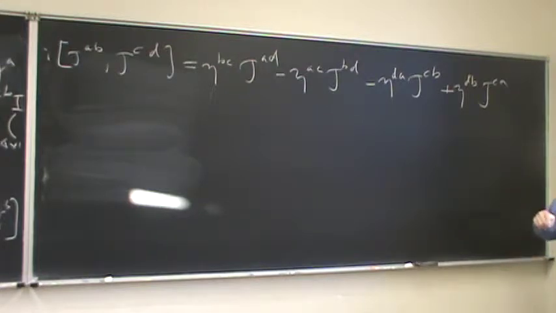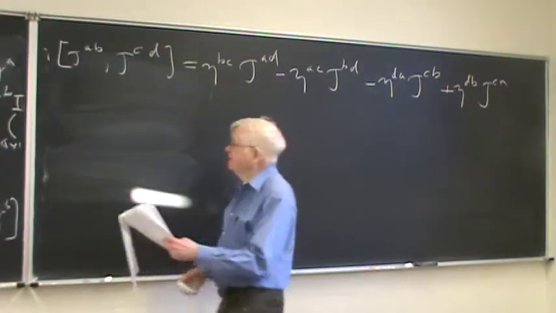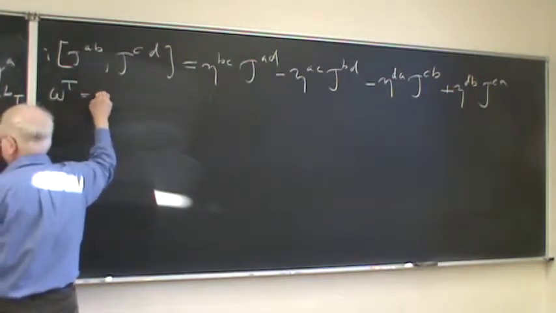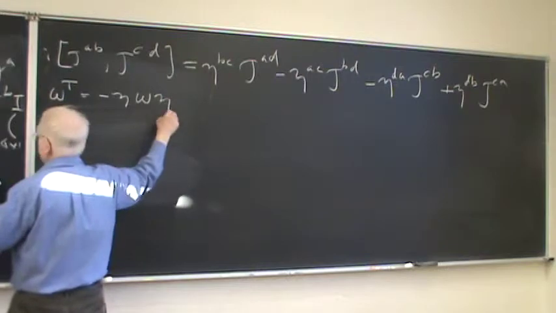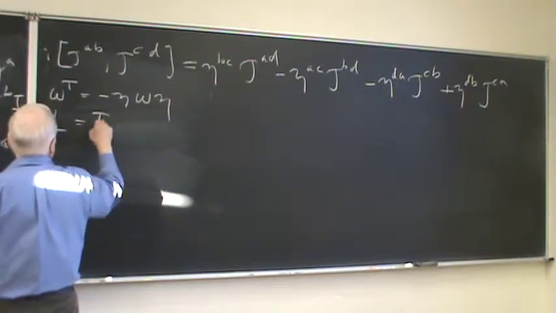Now, when I discussed the Lorentz group originally, I discussed it in a much simpler notation, and maybe I should remind you what it was. Basically, this is actually nothing more than omega transpose is minus eta omega eta, where here L is I plus omega.